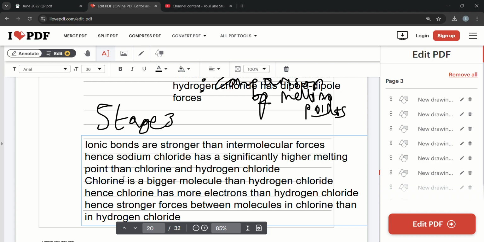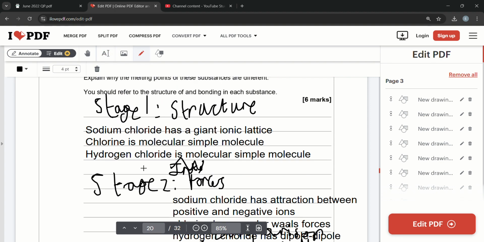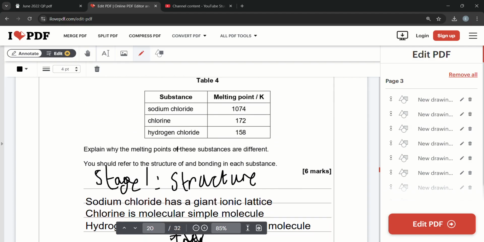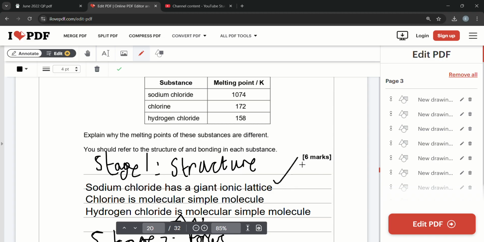Stronger intermolecular forces. And we also know that van der Waals is greater than dipole-dipole. It's hydrogen bonds, then van der Waals, then dipole-dipole. Because chlorine has van der Waals and hydrogen chloride has dipole-dipole, chlorine is going to have a higher melting point. So, stage 1 on the structure: sodium chloride, ionic lattice.